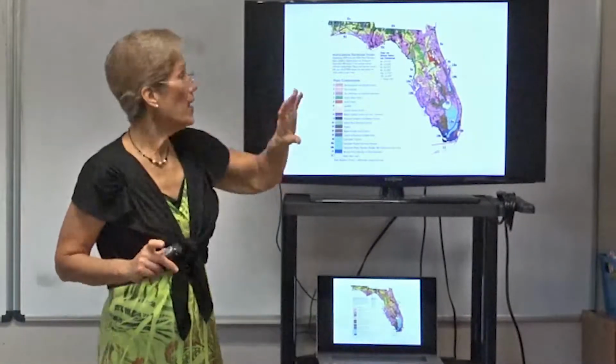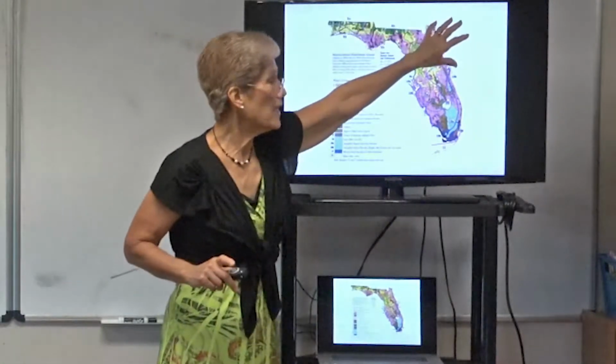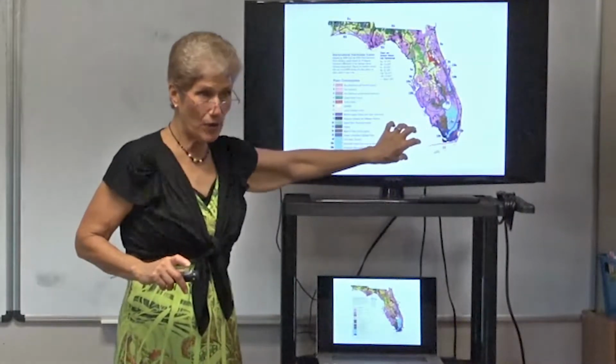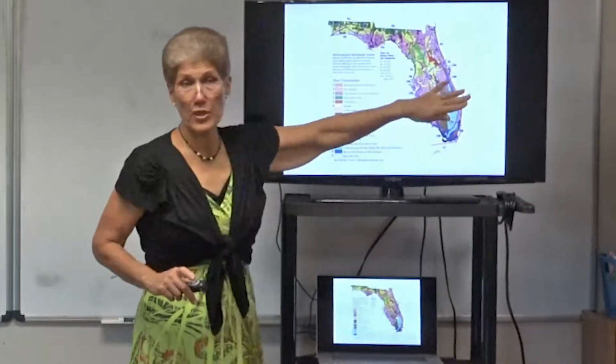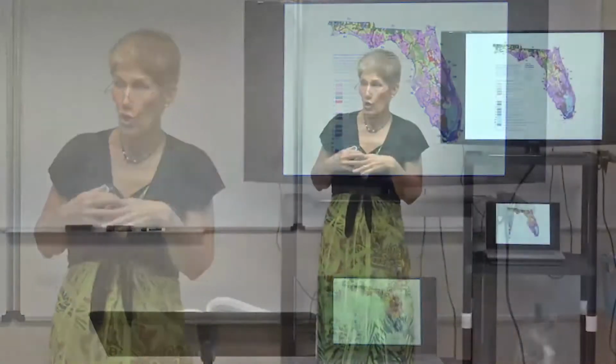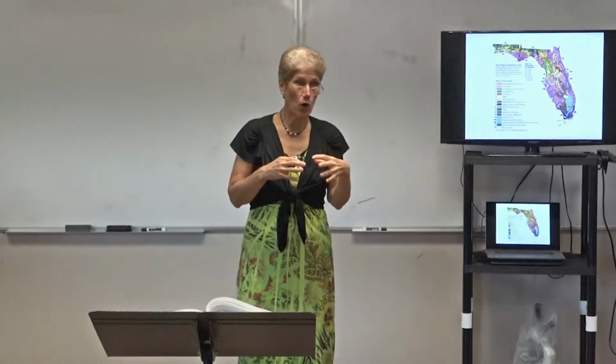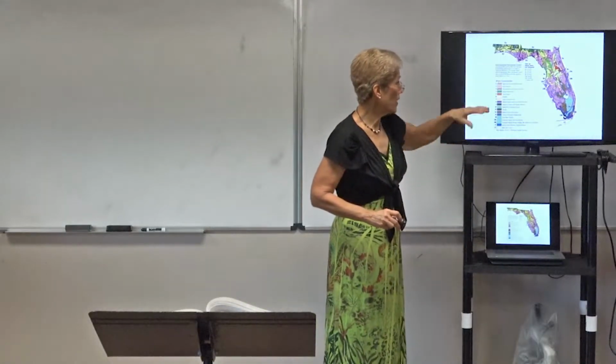Now, the book said that the temperate forests are basically up here, the temperate hardwood hammocks, and the tropical forests are down here. And in between, in peninsular Florida, we have a mixture. We have some temperate hardwoods and we have some tropical hardwoods. So we have a mixture as you get into the central portion of Florida, okay? But the upward portion has a lot of these interesting upland mixed forests.